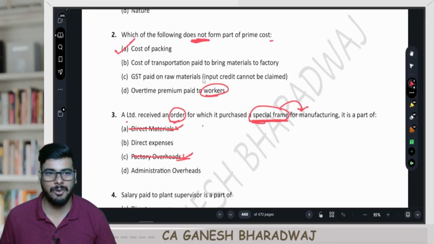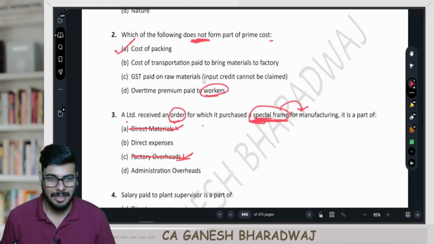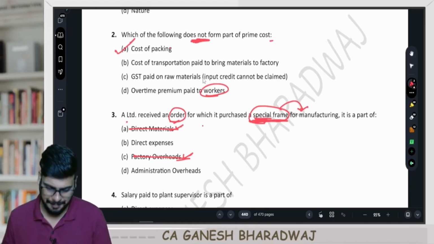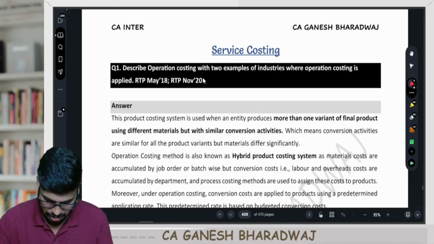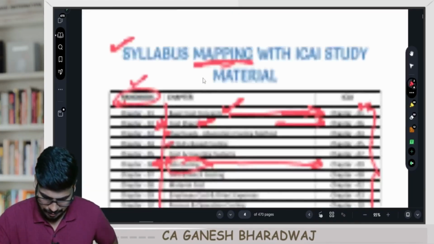We have done this before. I'm surprised. Special equipment also, I gave you a hint. Where did we see specific equipment, special equipment? There we saw separately. Guys, come on. Second.